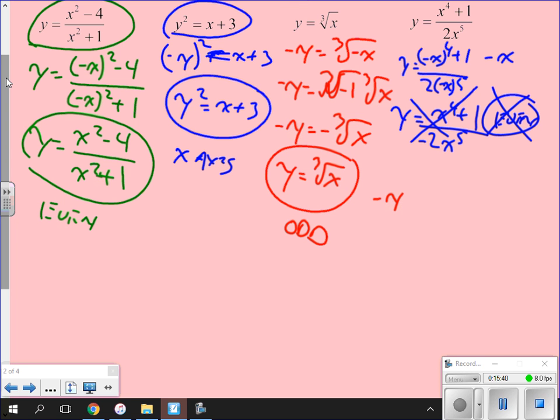I'm eliminating things because this one's a good one. So I want to do the x-axis symmetry, which I thought I was doing and did wrong. Just replace y with negative y. Negative y equals x to the fourth plus 1 over 2x to the fifth. Is that the same as I started with, just replacing y with negative y? I'm just checking for the x-axis symmetry, where you just change the y.